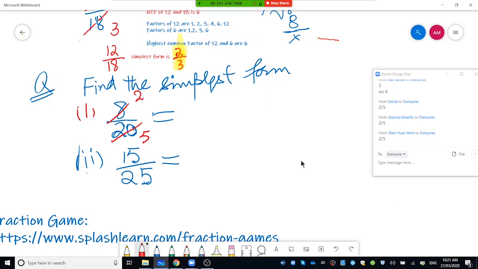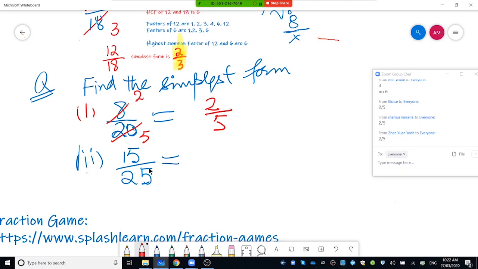So it would be 2 over 5. That is our simplest form. Simplest form means that you cannot reduce further. 2 over 5 does not come in any table, so it can't be reduced further.